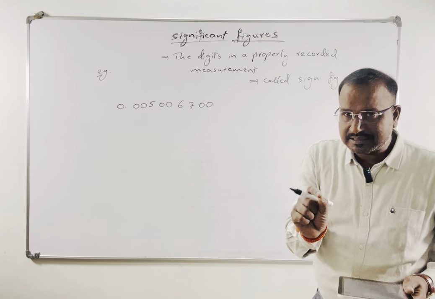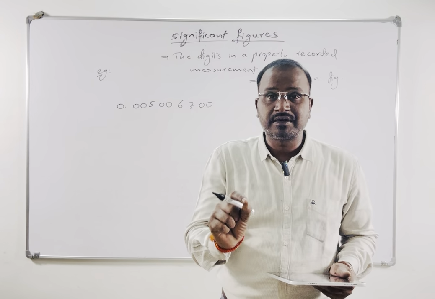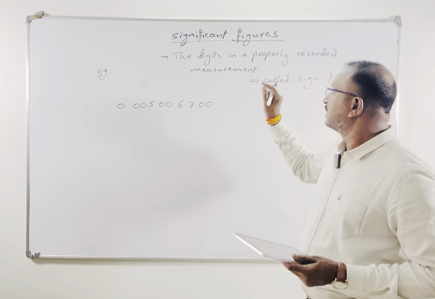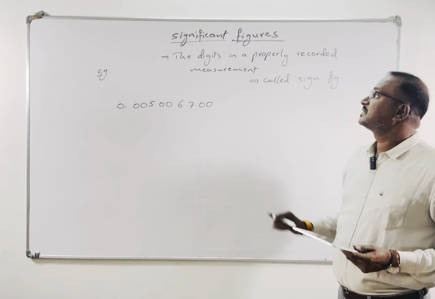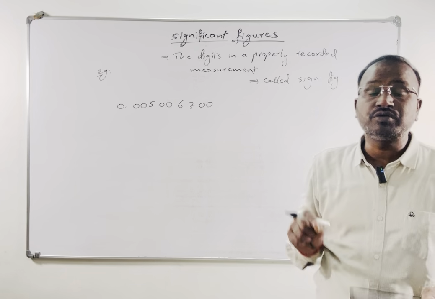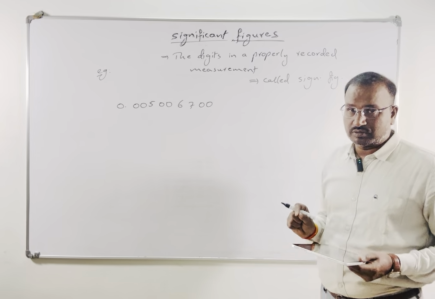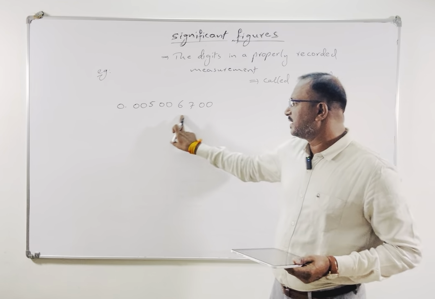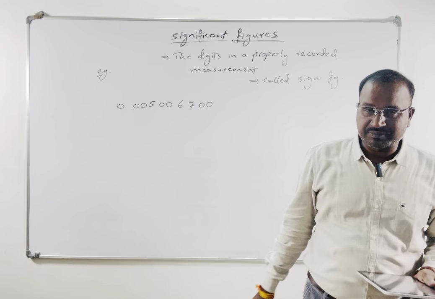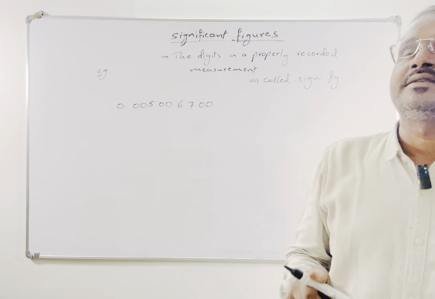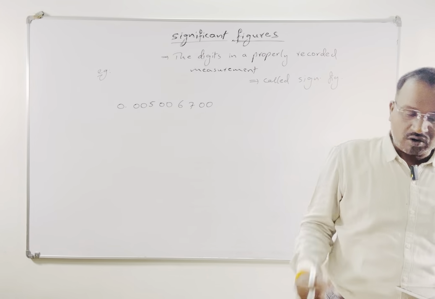The exact digits which are required for experimental measurements, those digits we call significant figures. How to identify these significant figures? We have some rules. All rules will be included in this single example.